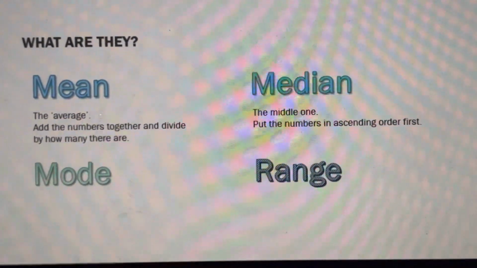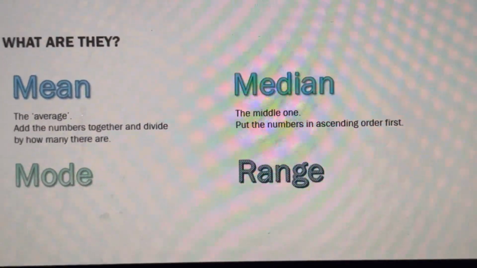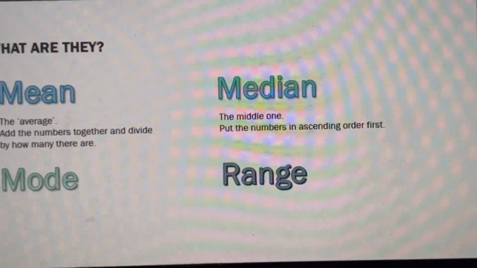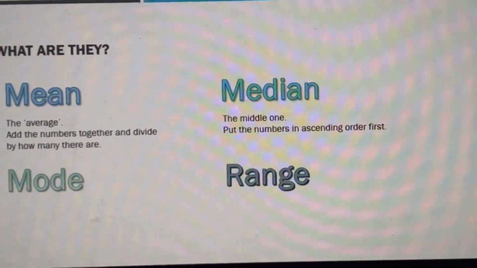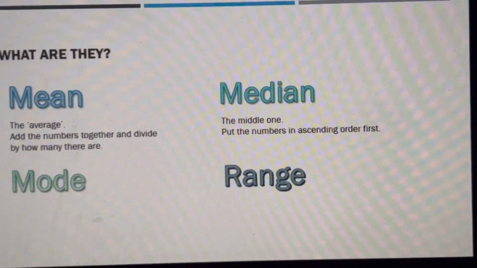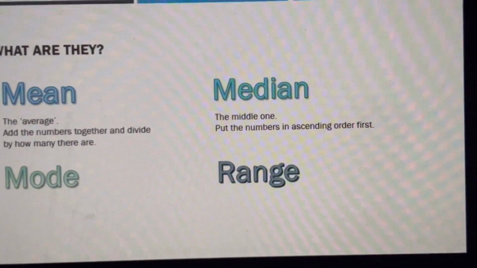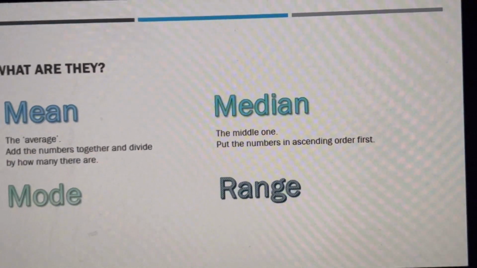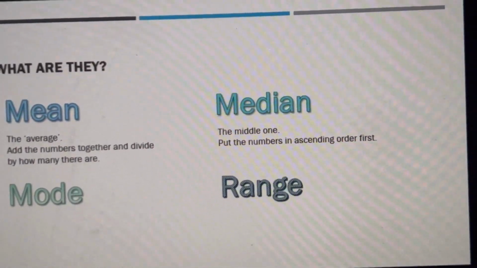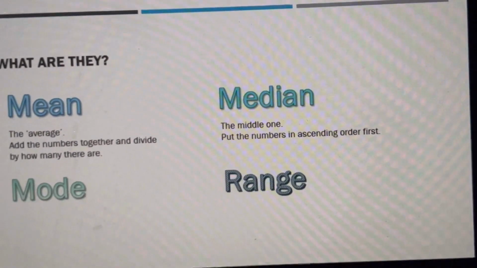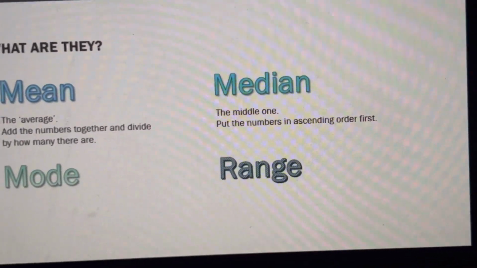Our median, like we've said then, is our middle value. We have to put our numbers in ascending order first, so from smallest to largest. And then from there we can work from each end until we come to our middle value. If we have an odd set of numbers, so if we had a list of 7 numbers, then there will just be one value in the middle, nice and easy.